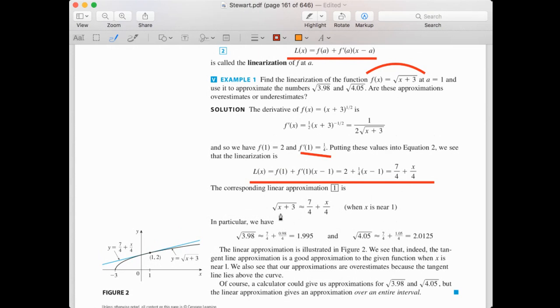Where the function is x plus 3. Okay, let me look at the chat. But Mia is saying you're subtracting the value inside the square root from 3.